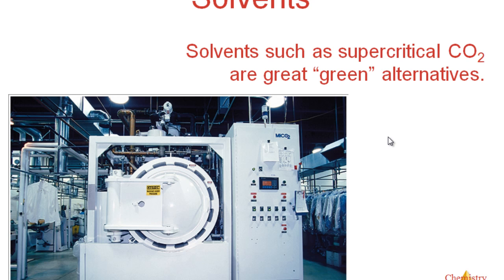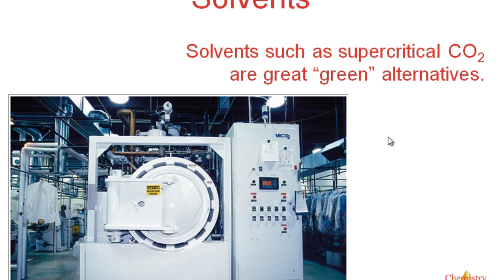Supercritical fluids also have the properties of gases and liquids, so they can also dissolve a variety of things. If the only purpose of the solvent is dissolving something to a great extent, why not find something that does the same but doesn't have all the toxic effects, and you don't have to worry about how to dispose of it.